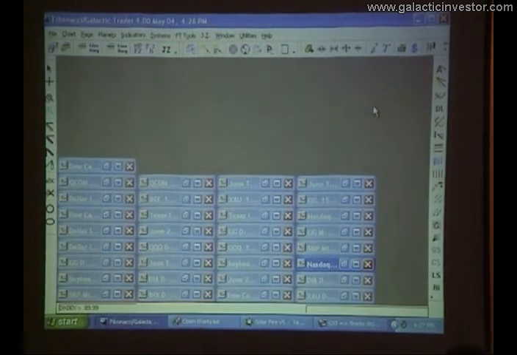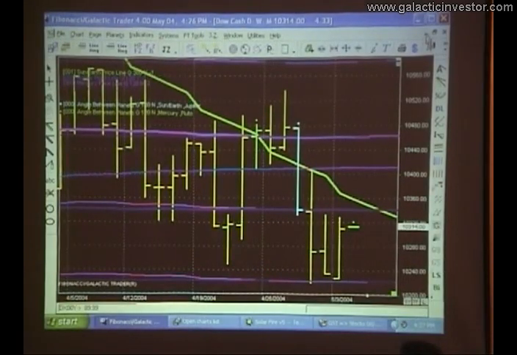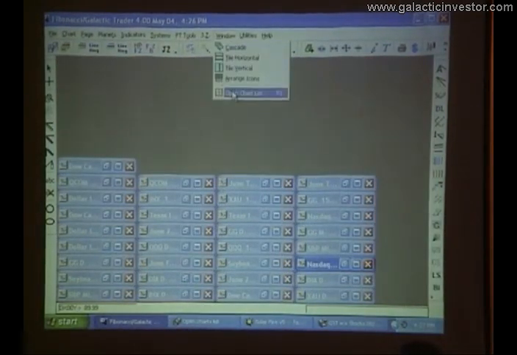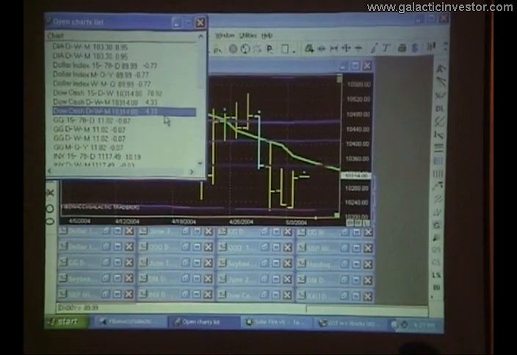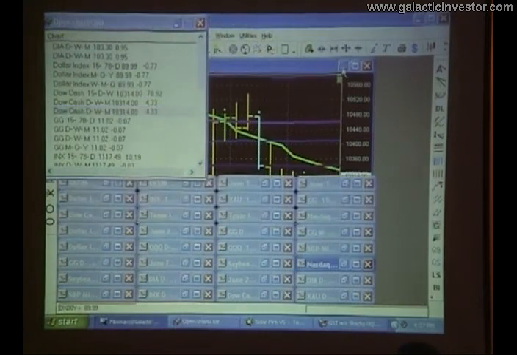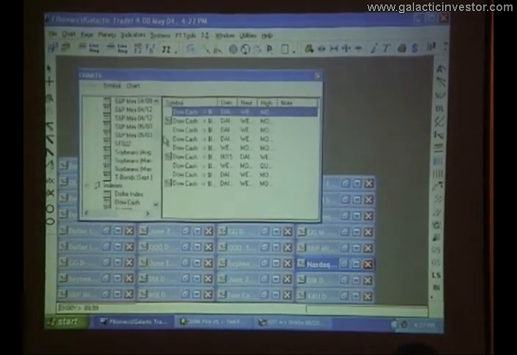Okay, I'd like to go back to page 13 now, and let's use the Dow cache as an example. That chart's so nice, I don't want to mess with it, so I'm going to create a new chart.